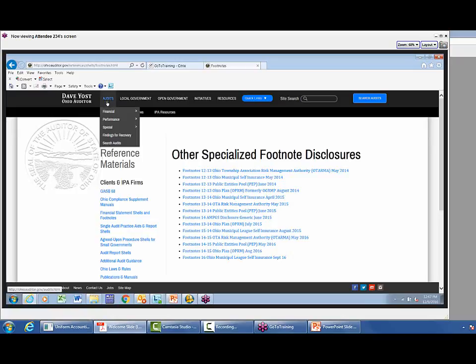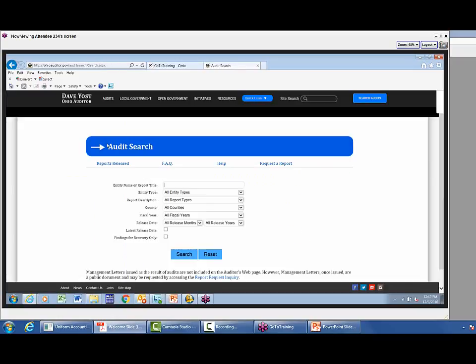If you go to the bottom of that menu, called Search Audits, and click on it, this is where you can find your prior year audit reports. It will have all of them listed out there. I believe the website goes back to 1998 or 2000, somewhere around in there. So any audit reports that have been released since then should be out here on the website.